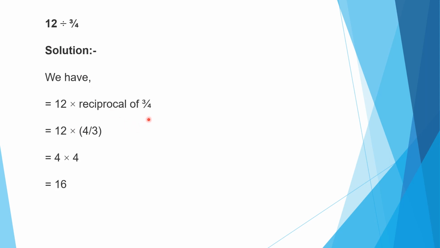So what is the reciprocal of 3 by 4? That is 4 by 3. Clear? Now we can cancel this. 3 1s are 3, 3 4s are 12. Okay. So 4 into 4, 4 into 4 is 16. This is how we divide a whole number by a fraction.